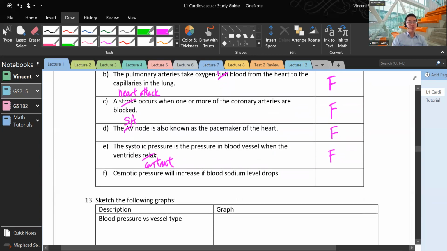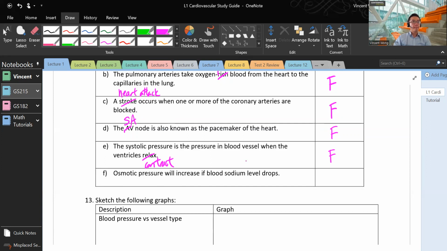Okay, what about the last one here? This is another one that is tricky. Osmotic pressure will increase if blood sodium level drops. What do you think? All right, we have a couple of falses, some true. Anyone else want to chime in?